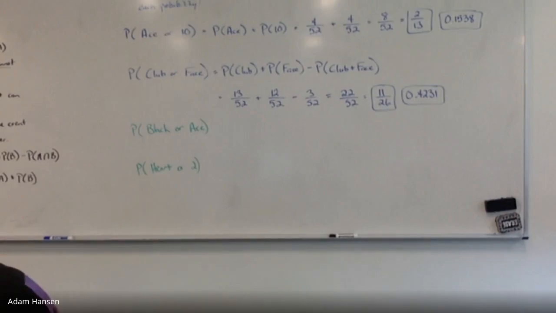Add up all the black cards, add up all the ace cards, but then think about which cards you double counted that we have to subtract off for your final value. I don't want to double count things more than I should.